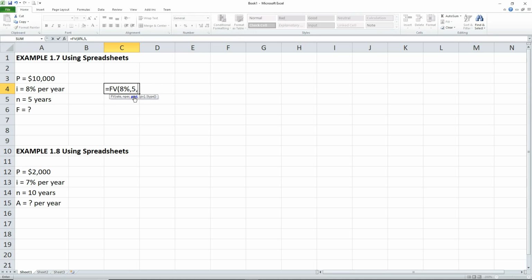Payment. If you go back to the formulas in your notes, you're going to see that it's an A. In this problem, we do not have an A. And remember, I mentioned that you do not need to have all 3 of the capital letters.